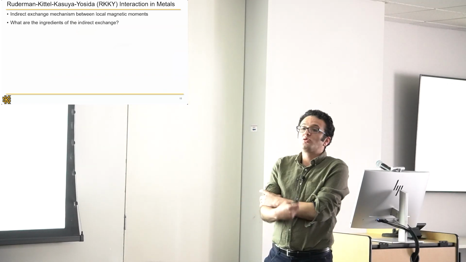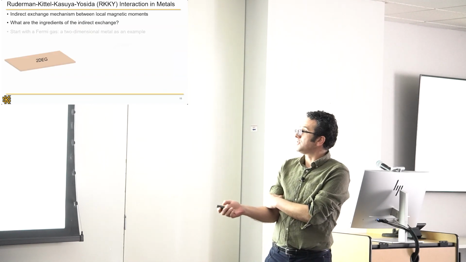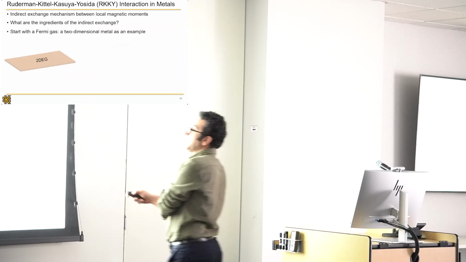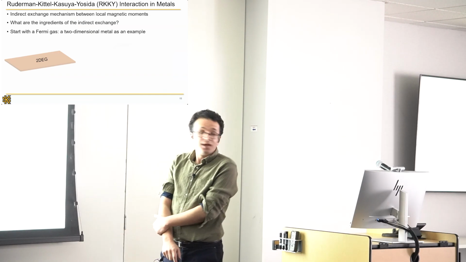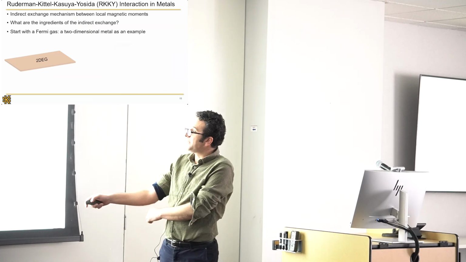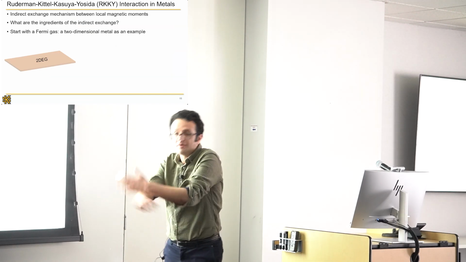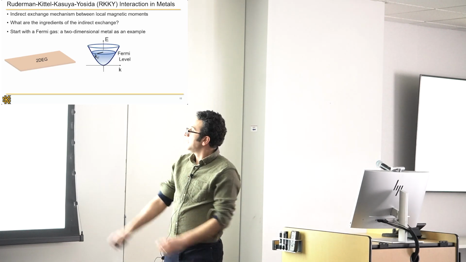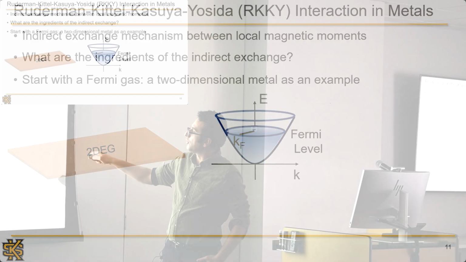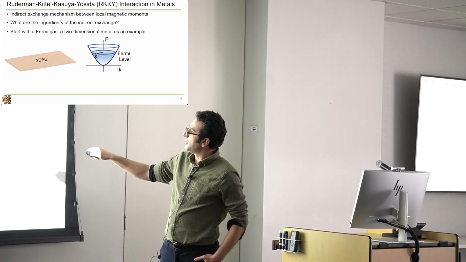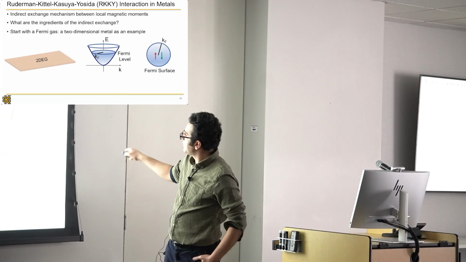What do we need to have an RKKY, or an indirect magnetic exchange? We need a Fermi gas. For simplicity, let's take a two-dimensional electron gas as a simple example. This is a p squared over 2m type of material, a free electron gas. Then, in this free electron gas, we need to have a Fermi level. Basically, the occupation of the bands is up till here, and then I have a Fermi surface.